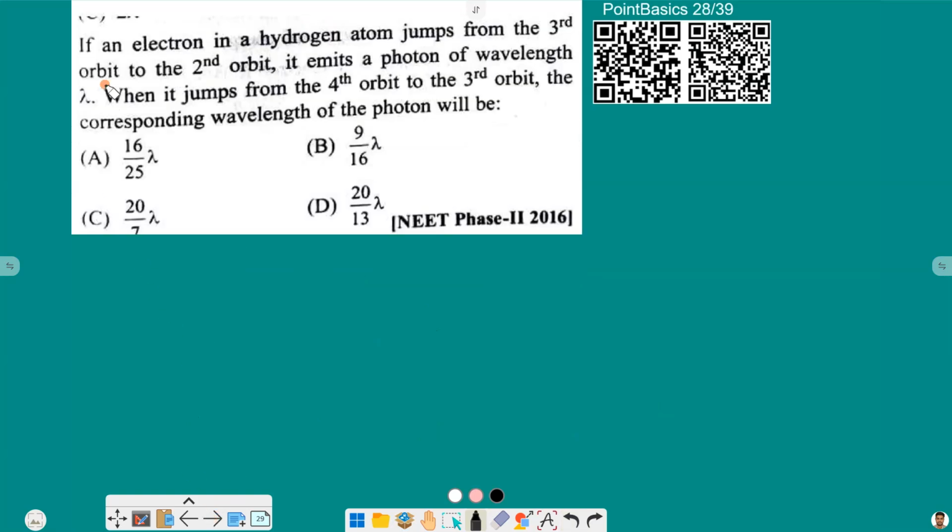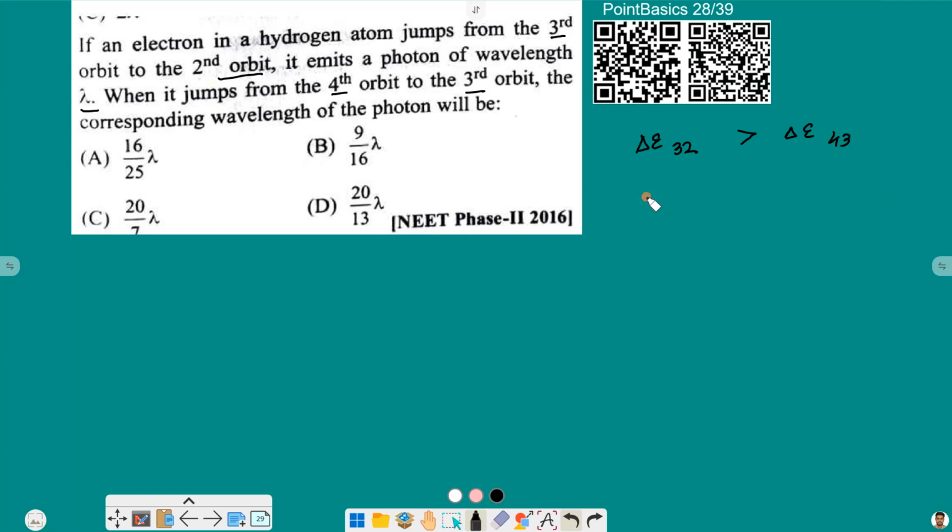Now in the next one, if an electron in a hydrogen atom jumps from the third to the second orbit, it emits a photon of wavelength lambda. When it jumps from the fourth to the third orbit, the corresponding wavelength of the photon will be? Now, we know that the energy difference between the third and second orbit is greater than the energy difference between the fourth and third orbit.